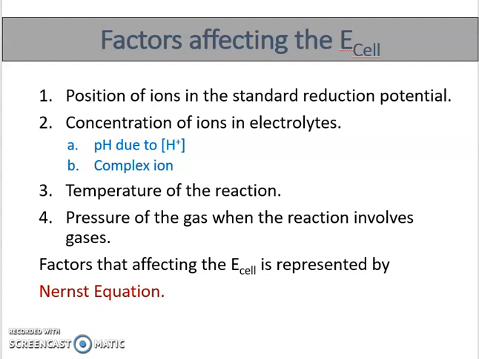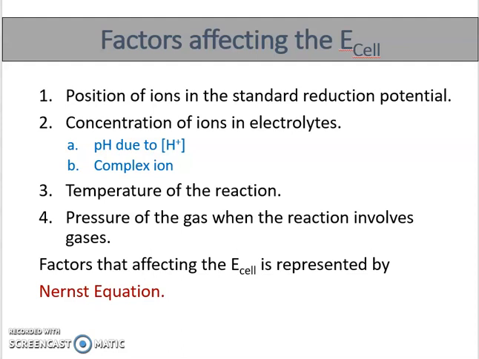All these factors will change the E cell value, and due to that we need to find a new E cell. So we come up with a new equation to calculate a new E cell, which we call the Nernst equation.